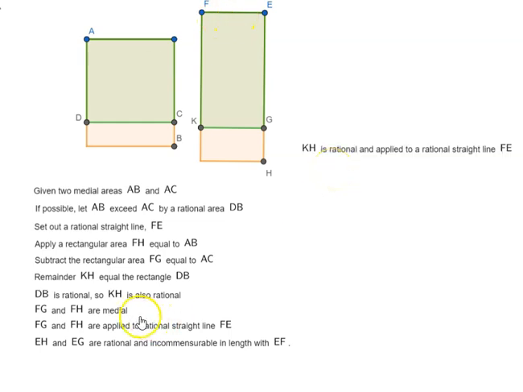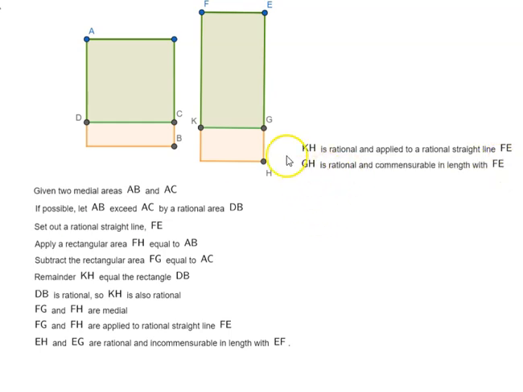KH is rational and applied to a rational straight line FE. Of course, it has been applied to KG, but remember KG is equal to FE. So we can say KH is rational and applied to a rational straight line FE.